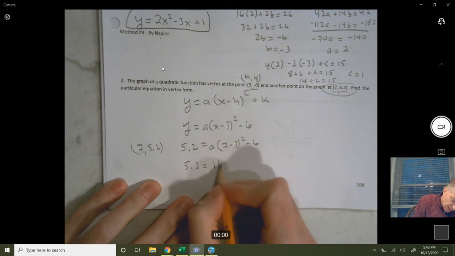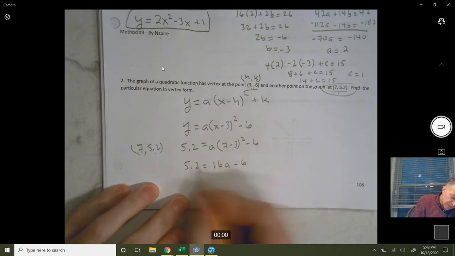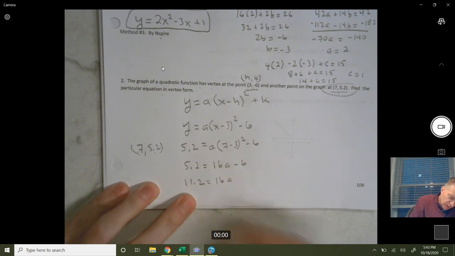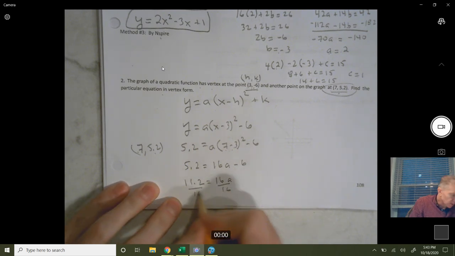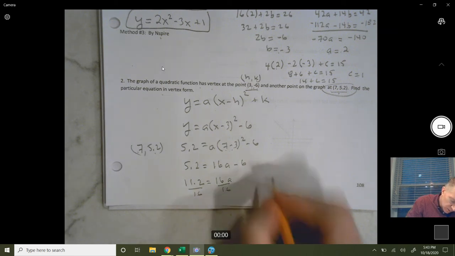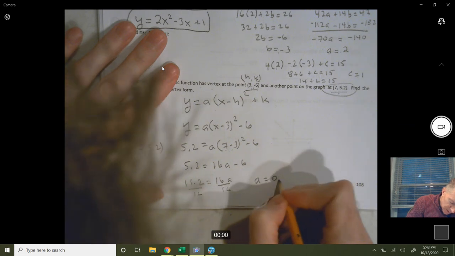So 16a minus 6. Add 6 to both sides. 16a equals 11.2. Divide by 16. 11.2 divided by 16 is 0.7. So a equals 0.7.